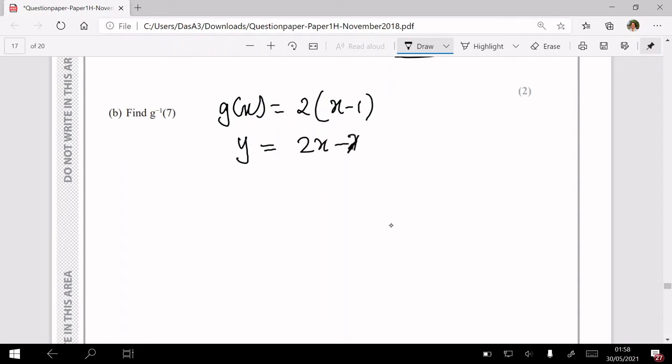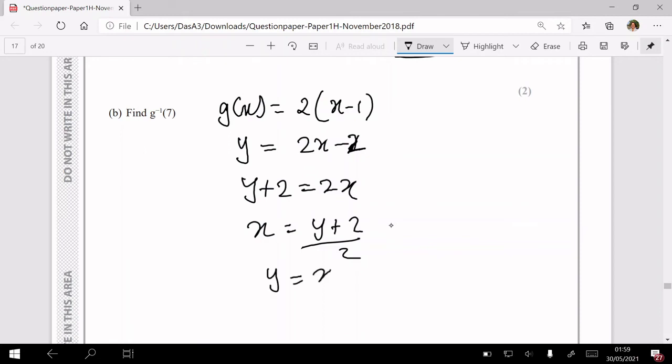Sorry. Now rearrange this equation to make x the subject. So that would be this. Right? So rearrange to make x the subject. And what you should do next is swap the x and y, so that'll be y is equal to (x plus 2) over 2, and then just put back the g inverse.